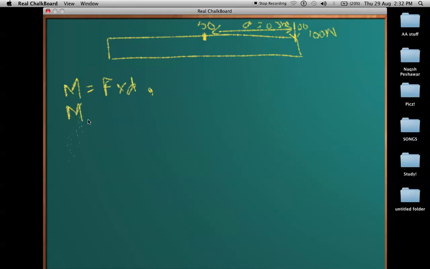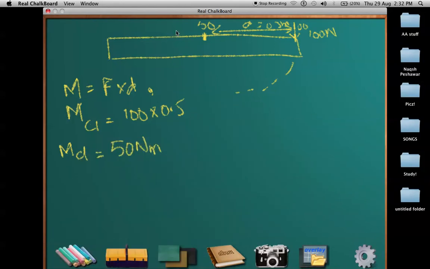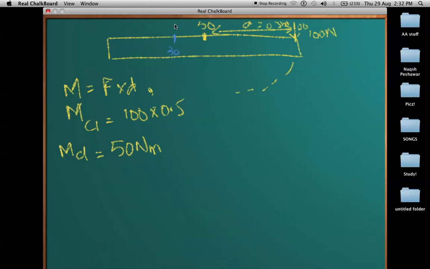So the moment of this one force, which would take it clockwise, would be 100 times 0.5, so the moment clockwise would be 50 newton meters. Now let's say I am not applying a force here. However, instead what I do is I apply a force here of 100 newtons.